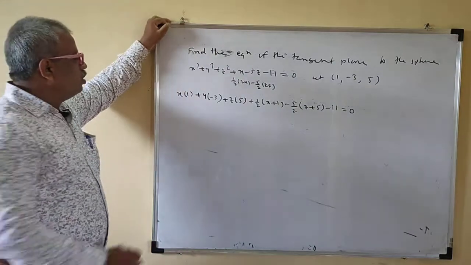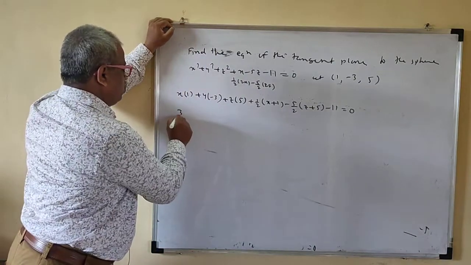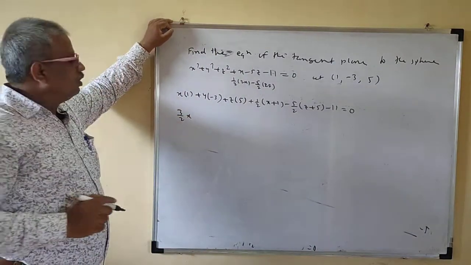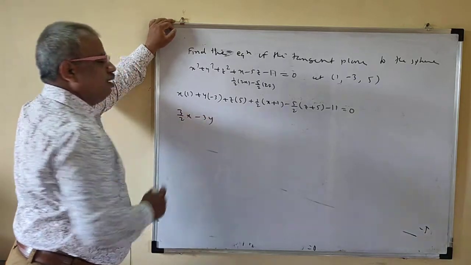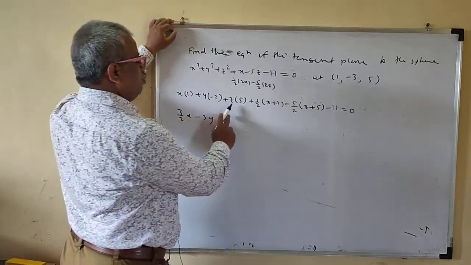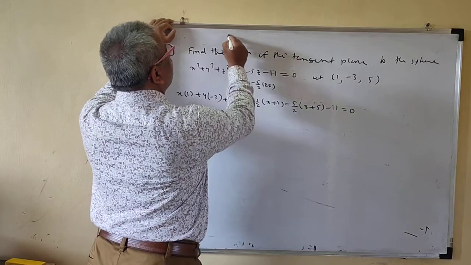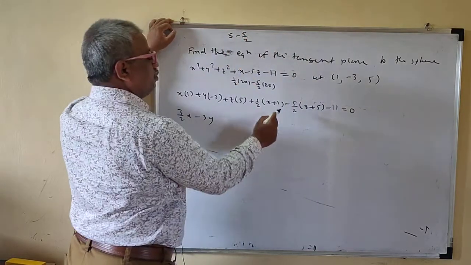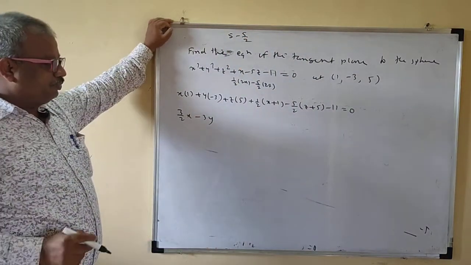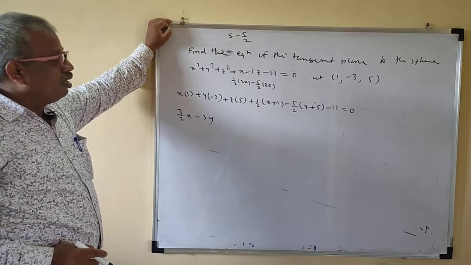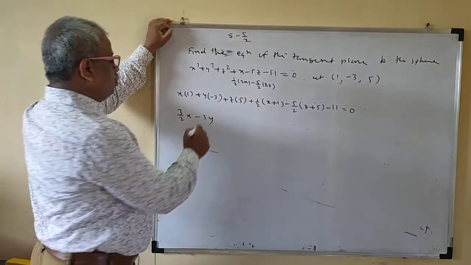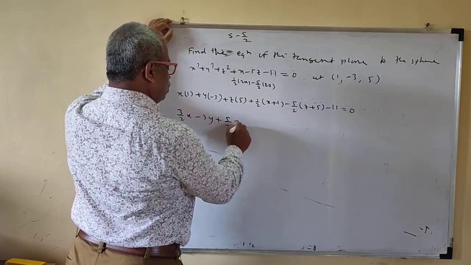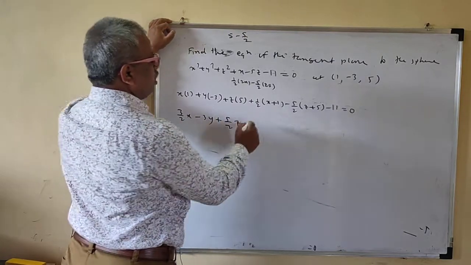Okay, so now this is x plus half, so this is 3 by 2 x. Then this is minus 3y. Then this is 5, 5 minus 5 by 2, which is 5 by 2, so plus 5 by 2 z. Then collect the constant.